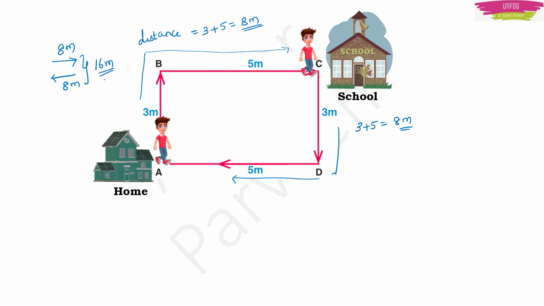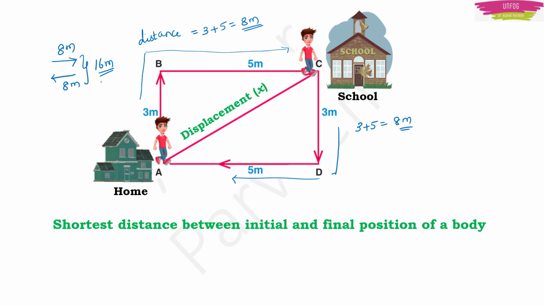Now, there is no guarantee that he traveled only using this path, right? He must have used another path also. This path also he must have used. Correct? Now, this is a shortcut distance to his school, right? He used a shortcut distance to go. Correct? Now, that shortcut distance is known as displacement.